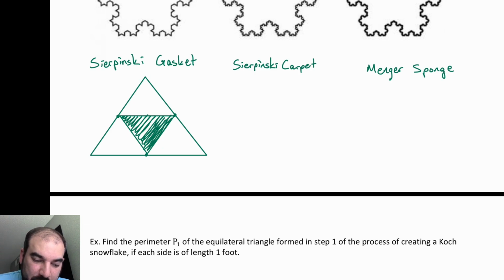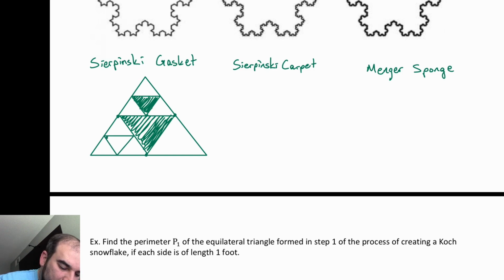And then we continue this process again. So we have three copies of the original triangle, but smaller. So then we do the same thing. We connect the midpoints of the sides, and then we remove that central triangle. We do the same thing with this bottom left-hand triangle.